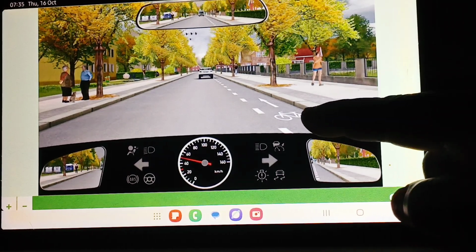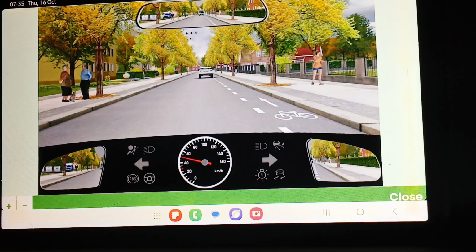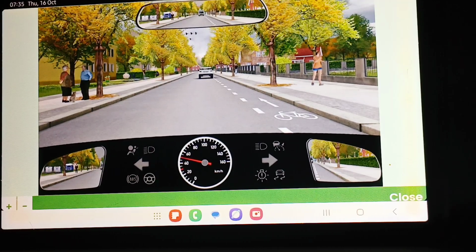The only way you can drive on this cycle path is if it is necessary. For example, if there's an ambulance coming and you want to make way for the ambulance, you can ride on it. Or maybe there's an oncoming vehicle, to avoid danger, you can also ride on it.